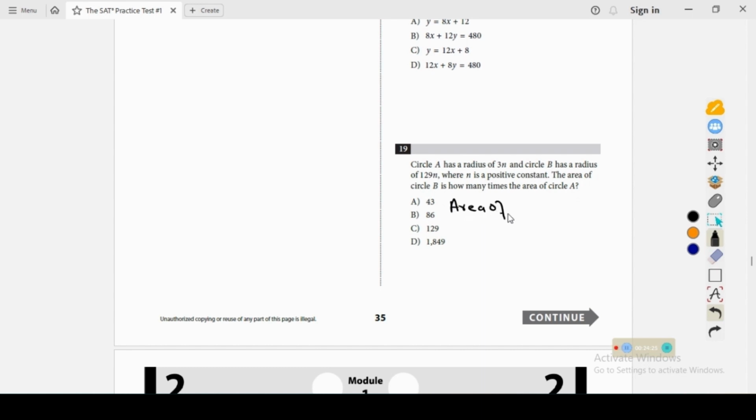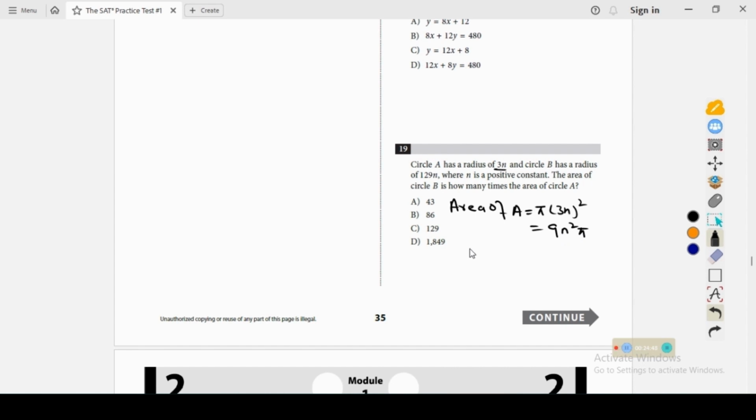Area of circle A equals pi r square, where r is 3n, so I can write it as pi (3n) whole square. It becomes 9 n square pi.